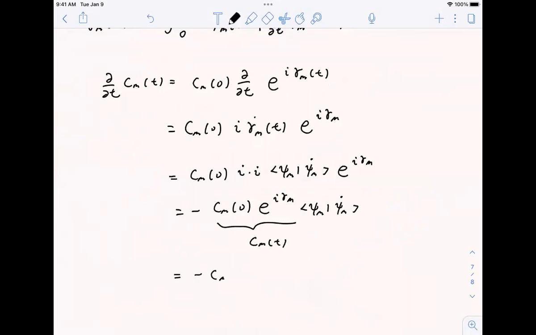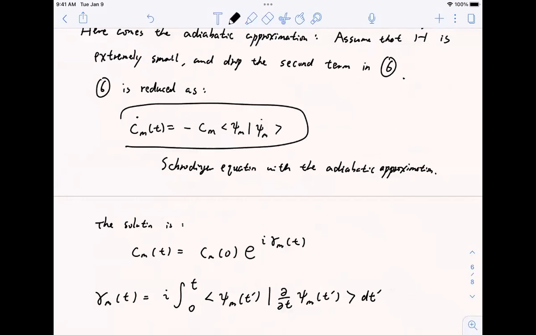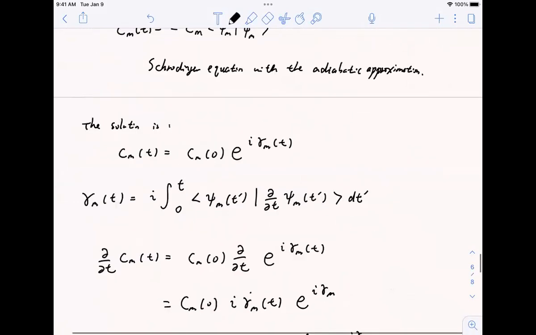So you have negative Cm. Eventually you get this, which is just the original equation. So this proves that this is the solution.